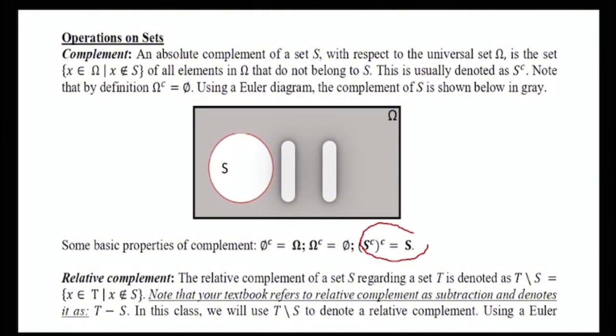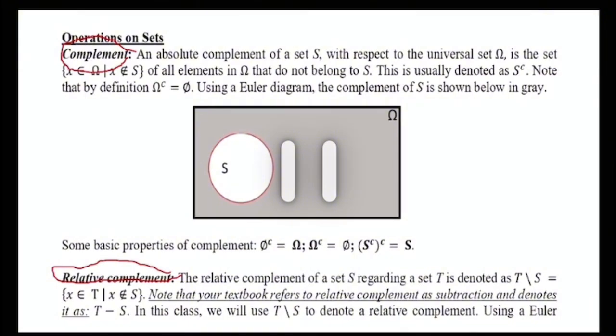Now from there, I'm going to talk about relative complement. I need you to pay attention. There's a connection between relative complement and complement. When I'm talking about complement, I'm referring to other elements in the sample space that are not in the set that I'm considering. But when I'm talking about relative complement, I'm not referring to the sample space, but I'm focusing on two different sets.